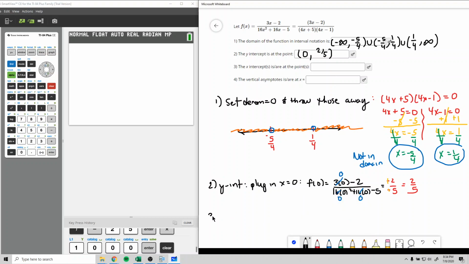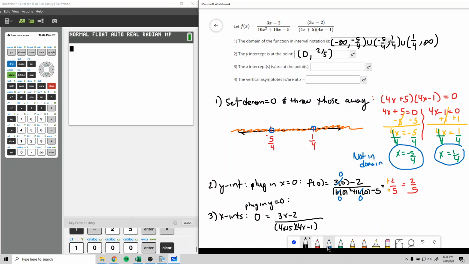Part 3, the x-intercepts. That's when we set y equal to 0, and it's better to use the factored version. So we replace our f of x with 0. We got 0 equals 3x minus 2 over 4x plus 5 times 4x minus 1.